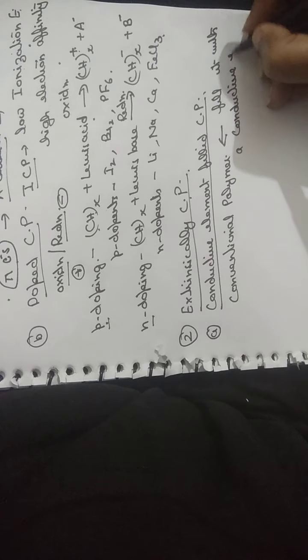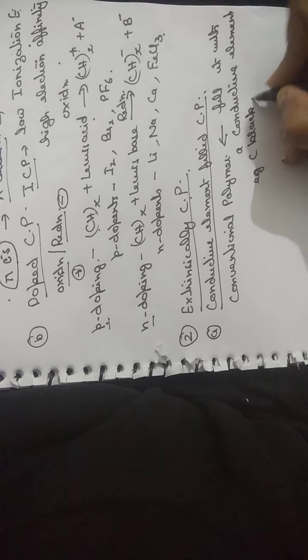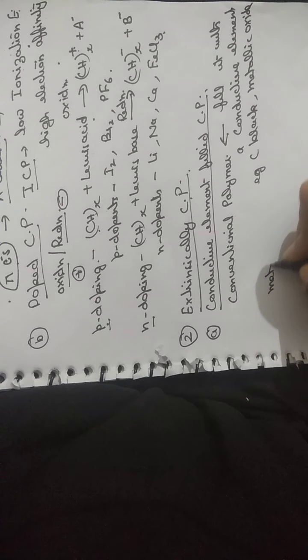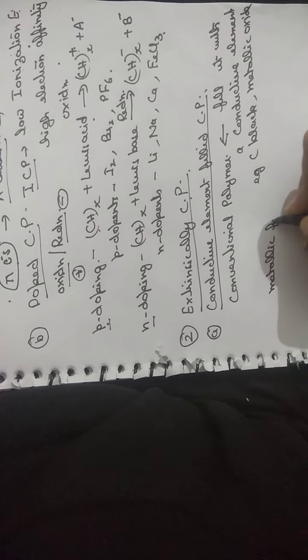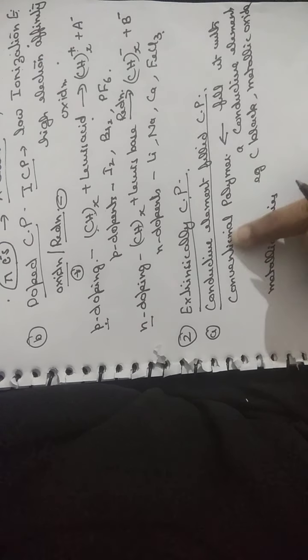Any element which can conduct electricity, we fill it up inside this. For example, carbon black, metallic oxide, or metallic fibers. So when they enter into this, the conventional polymer holds them as a solid entity, and because these conductive elements are filled up in these polymers, it starts conducting electricity.